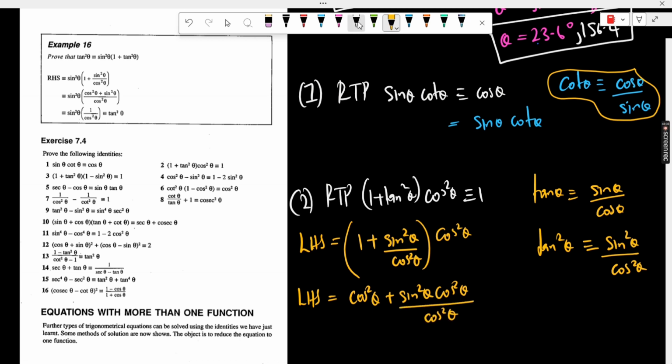Of course, the cos squared thetas cancel. And so my left-hand side reduces to cos squared theta plus sine squared theta, which I know to be equivalent to 1. And therefore, my identity has been proven.